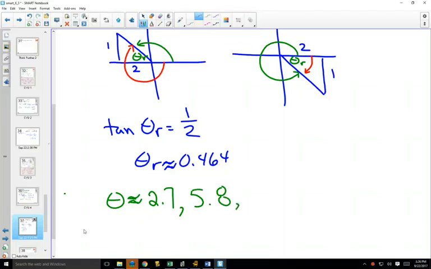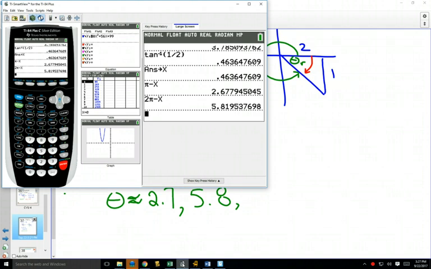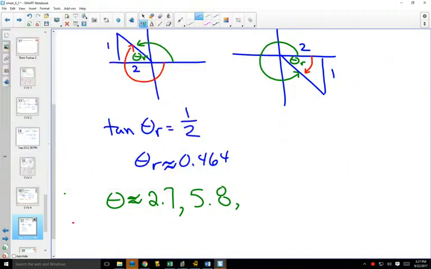And now for our negative angles. The one in quadrant 4, can you see that that's exactly the same as your reference angle, just negative? Our reference angle was 0.46. To the nearest tenth, it will be negative 0.5.